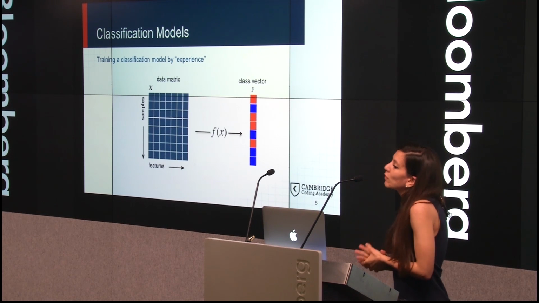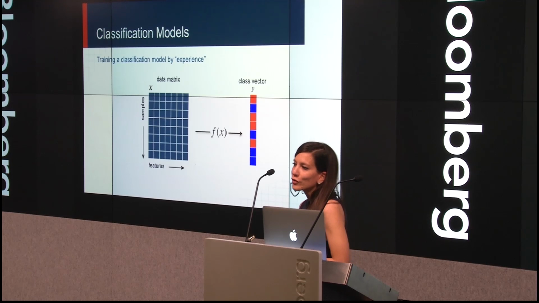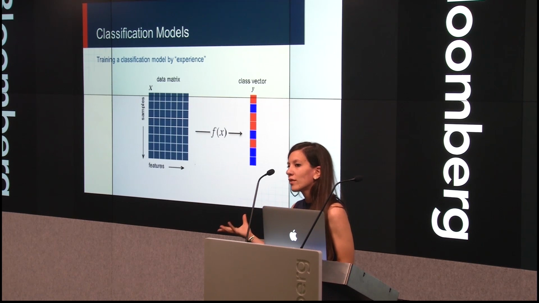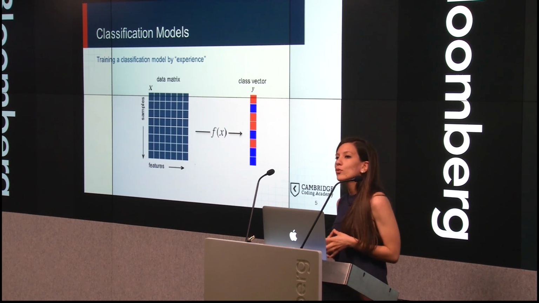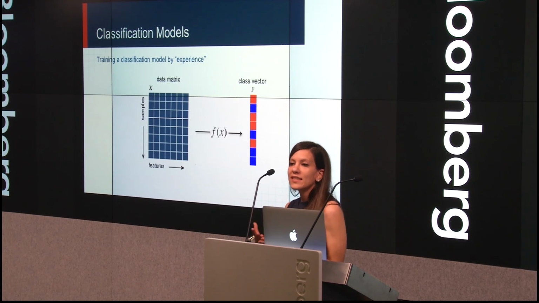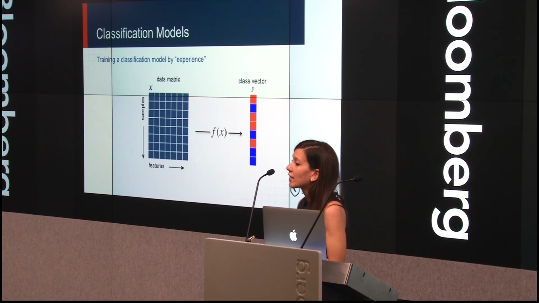Now, today we will be focusing on supervised learning techniques, and in particular classification models. In our classification models, we start by having some prior knowledge. The idea is that we want to train our model by experience, and in a way simulate the human brain. For us humans, it's very intuitive to distinguish 2 animals from one another, a cat versus a dog.